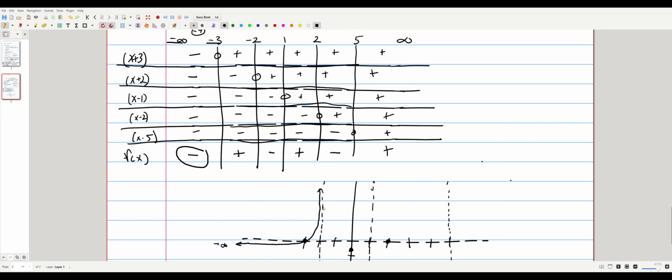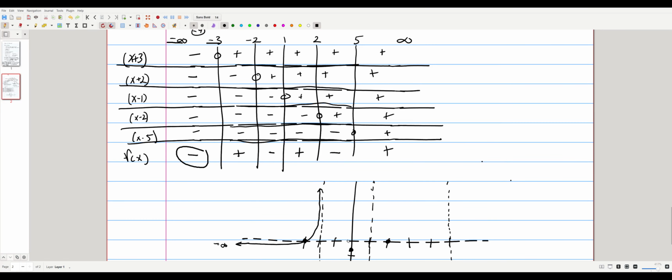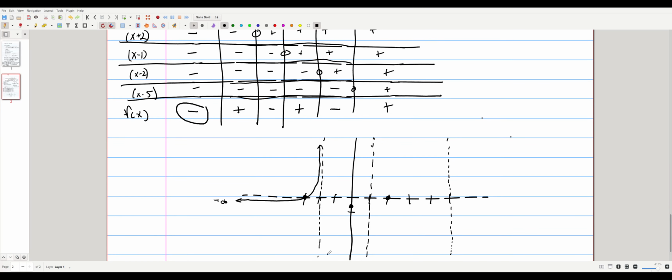And then what happens now is, well, from negative 2, which is this vertical asymptote, to our x-intercept 1, we know that we are below the x-axis. So we know we're going to cross here because we have a y-intercept, but we know between negative 2 and positive 1, we are negative. So it's going to be somewhere over here.